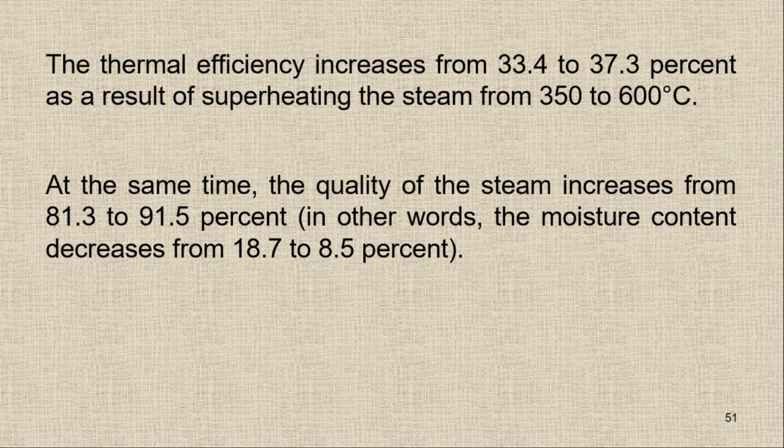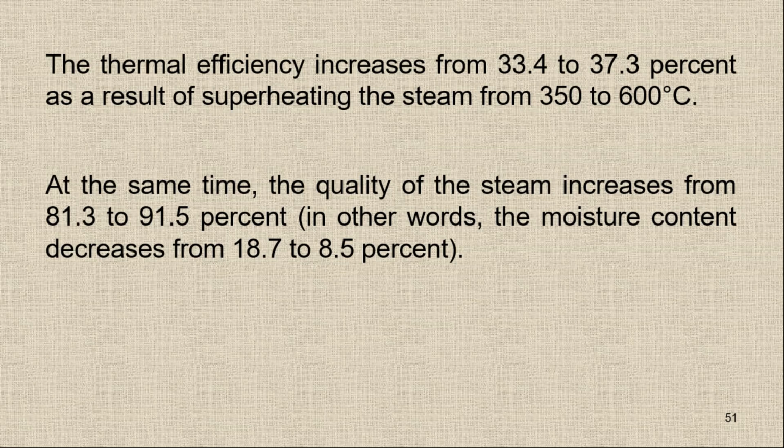In this part, the efficiency is increased from 33.4 to 37.3%. So basically there is an increase if we superheat the steam from 350 to 600 degrees Celsius. At the same time, you can see that the quality is also improved. Last time it was 81.3, and now we have 91.5. So basically, moisture content is decreased from 18.7 to 8.5%.